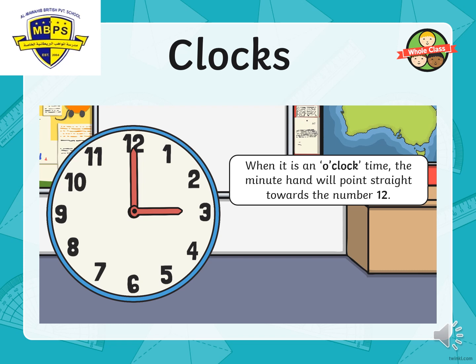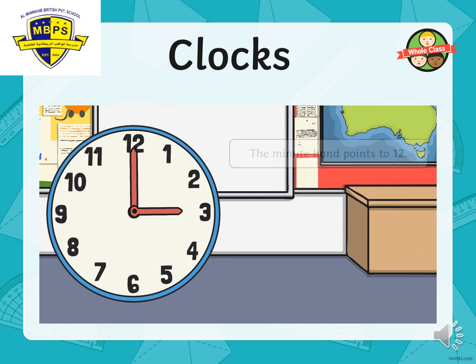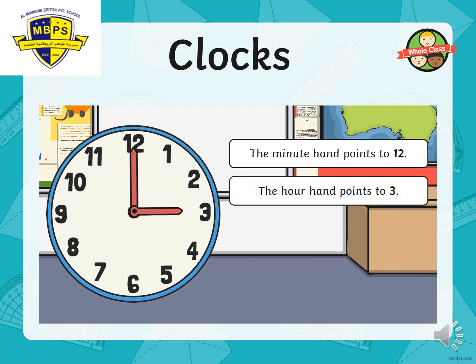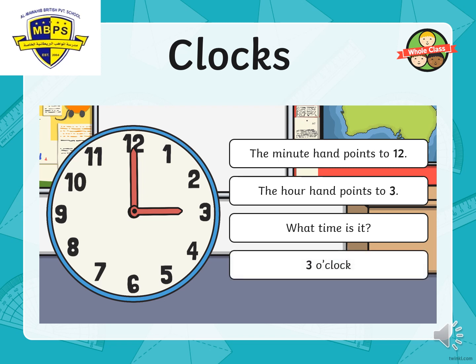So, when the minute hand points to number 12 and the hour hand points to number 3, what time is it? Very good. It's 3 o'clock.